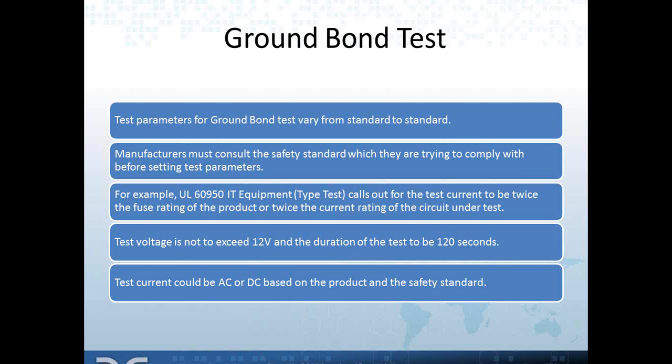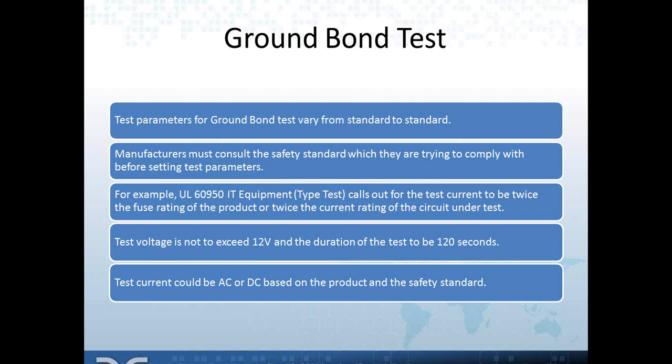The test voltage is not to exceed 12 volts and the duration of the test is to be 120 seconds, 2 minutes. Ground bond test can be run in AC or DC mode based on the product and whatever the safety standard is calling out for.